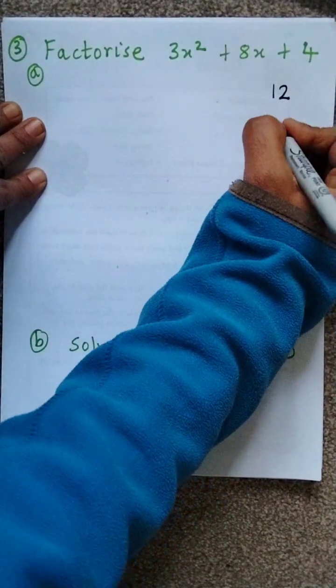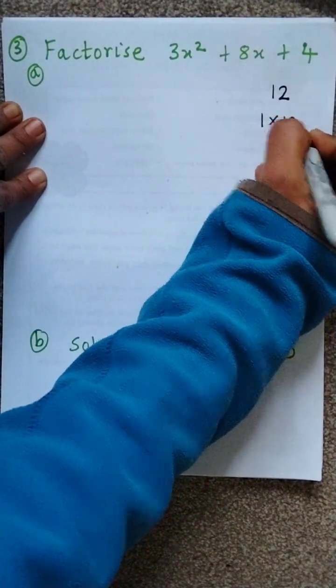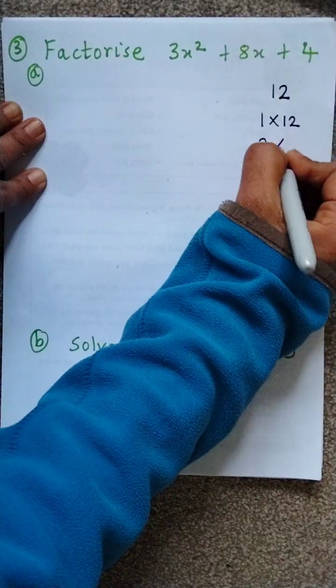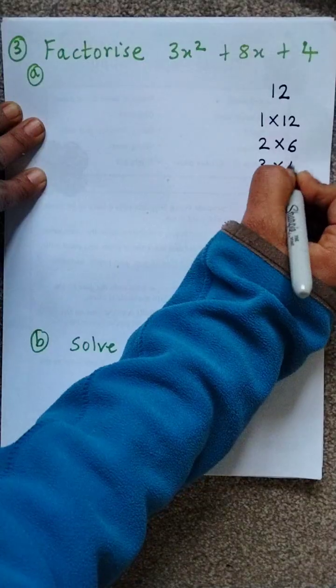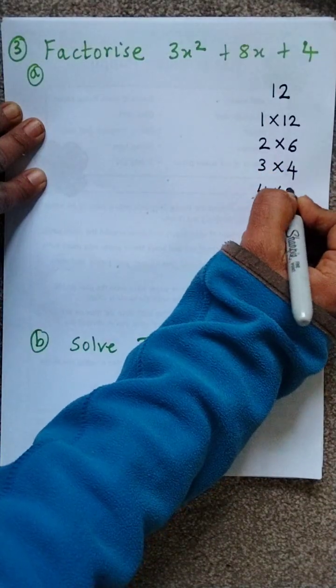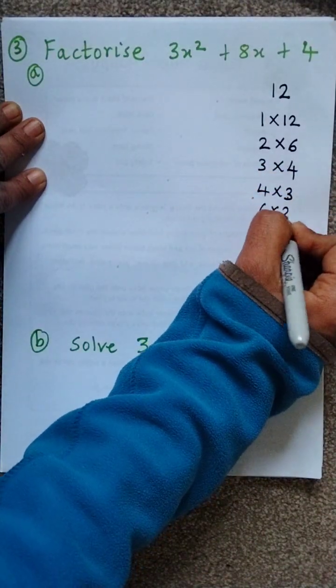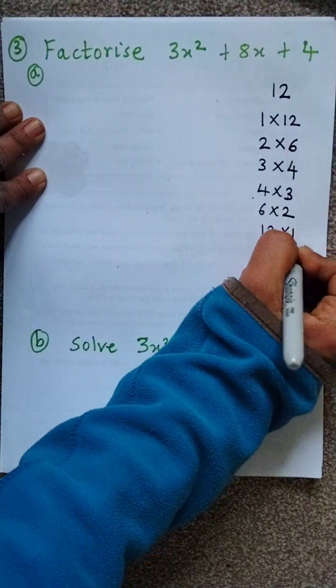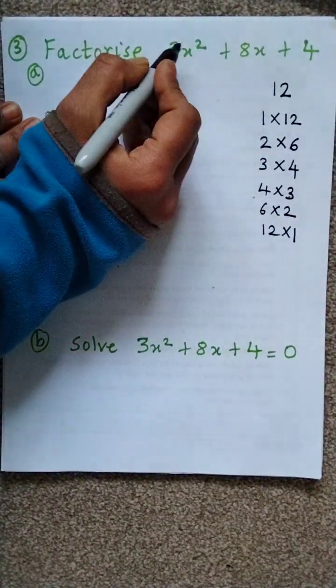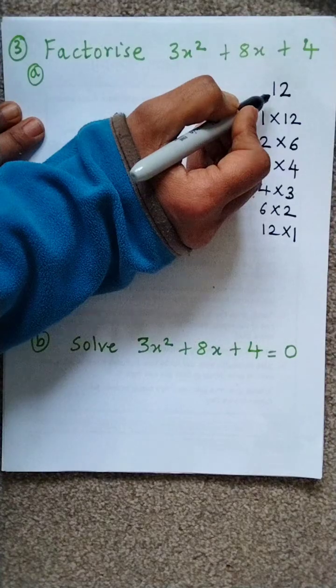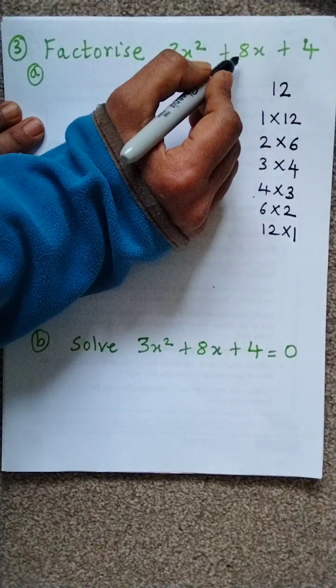Then what we do? This is 1 times 12, this is 2 times 6, this is 3 times 4, 4 times 3, 6 times 2, or 12 times 1. So we have to select a combination such that the product should be 12 and the sum should be 8.